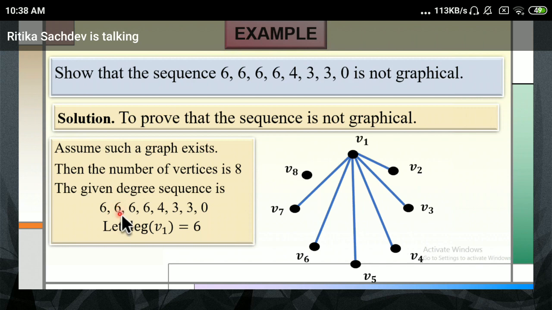What does this mean? The second vertex should have degree 6, but we have already drawn one edge, so how many extra edges do we need to draw? 5. So can I simply say from the second term onwards, it should be 1 less? But for how many elements should it be 1 less? We had taken only 6 vertices.